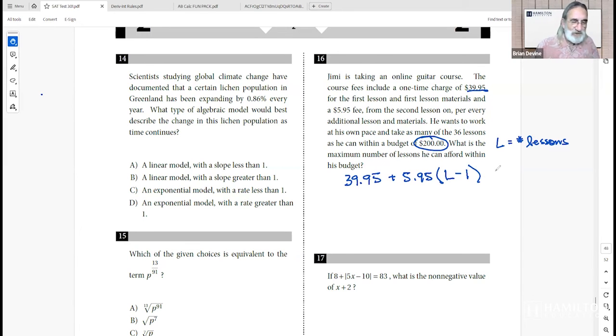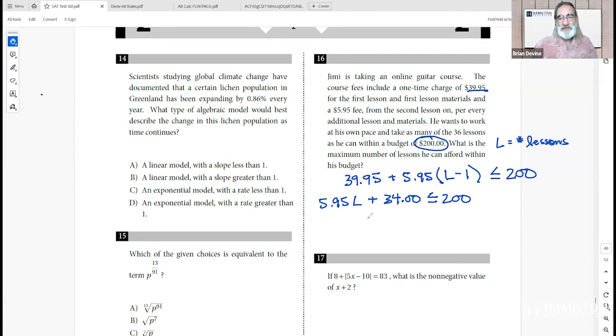This has to be within his budget, so it has to be less than or equal to $200. If I clean that up, I get 5.95 L plus $39.95 minus 5.95, which is 34, and that's got to be less than or equal to $200.